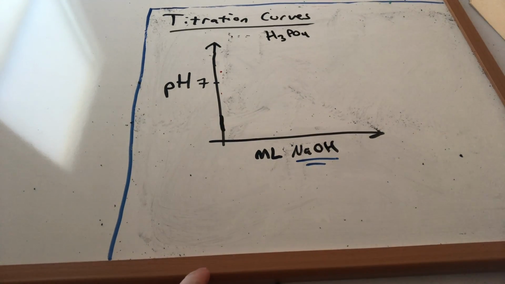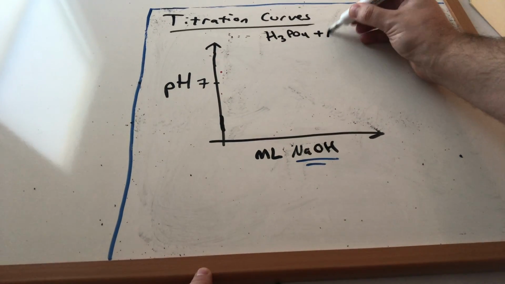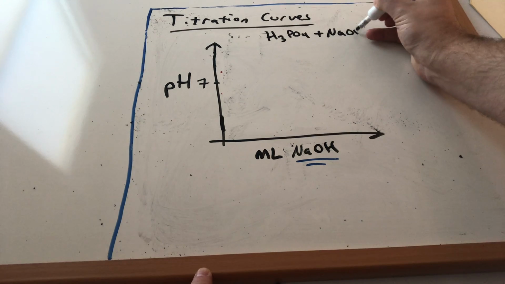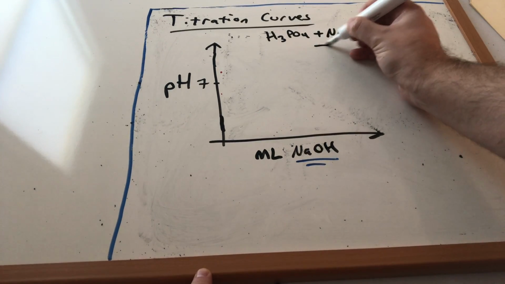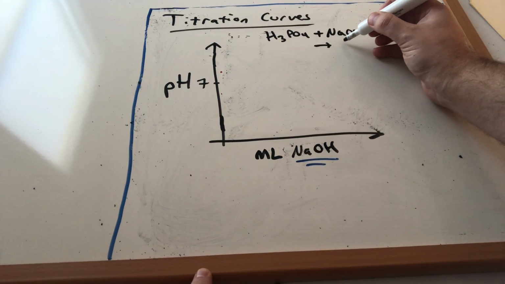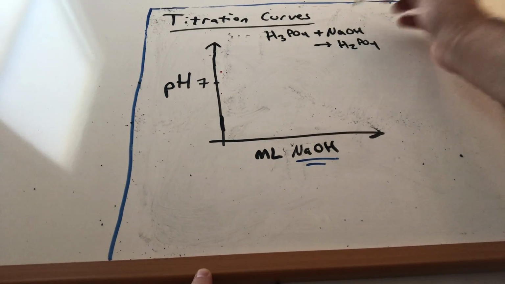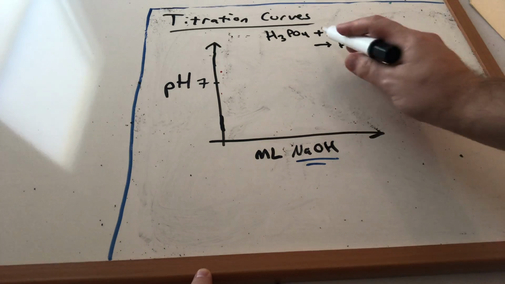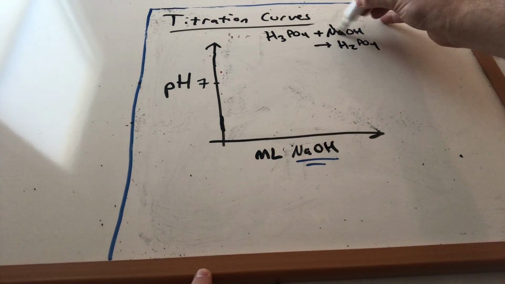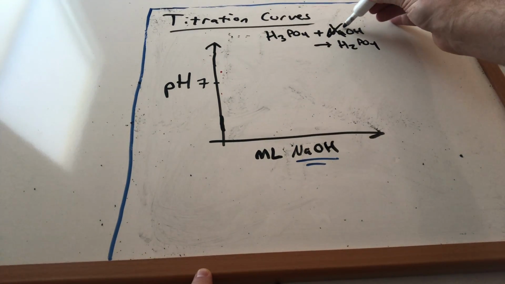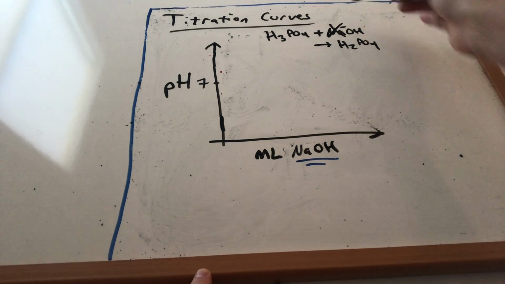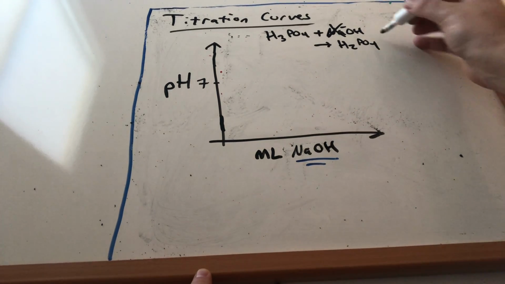Let's do something more simple. I'm going to take phosphoric acid and react it with NaOH. We know already that the Na is really not important. It's a spectator ion, so really it's like dumping in OH-.